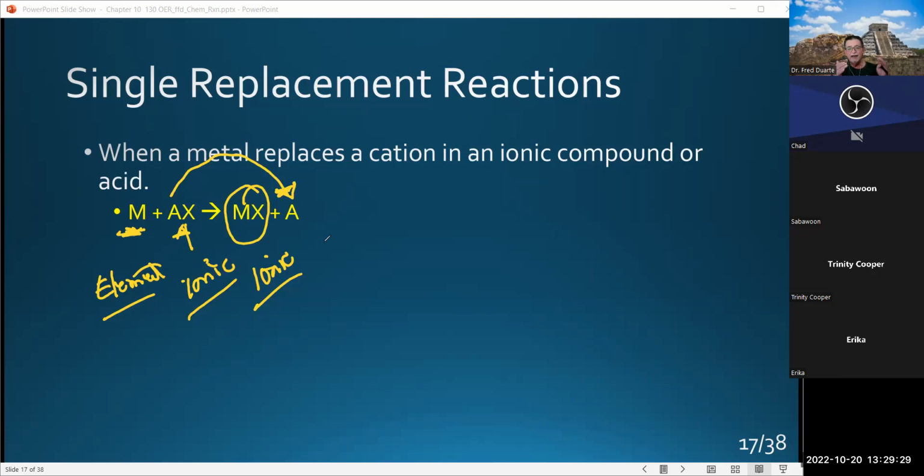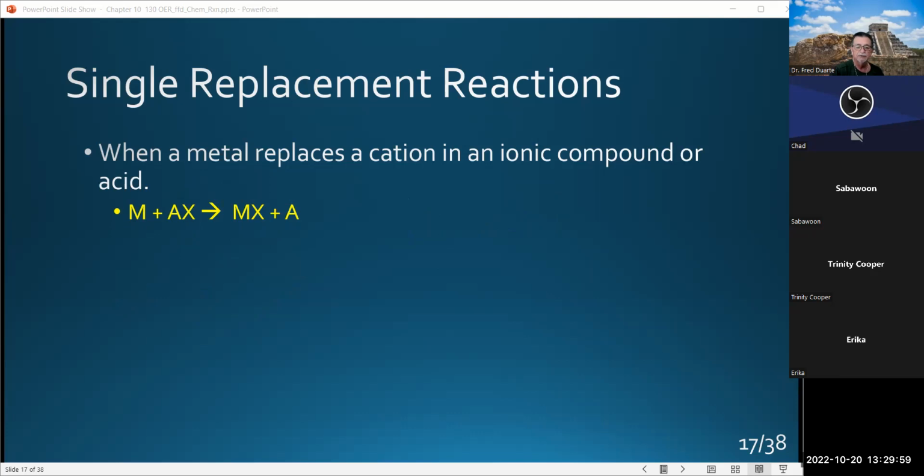Okay, and the more reactive metal is now in the stable state, which is in ionic form. So the way this occurs says that M was a lot more reactive than A, okay? And so the driving force was for M to be in the ionic form, okay? And to determine the reactivity, we use the activity series.